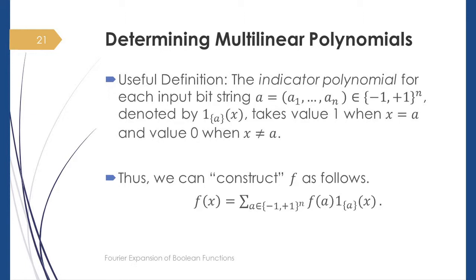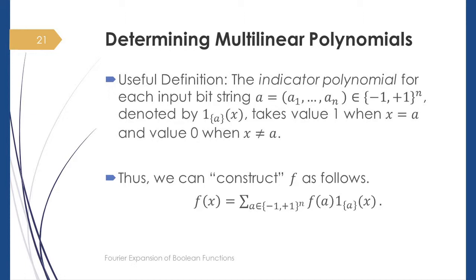Then the indicator polynomial, which is syntactically written, and this is directly from the book I referred to earlier, by the number 1 with a subscript a, which is our n bit input that we have picked, and some possible input string to the Boolean function x. So, x is a variable string, can take on any value from the 2 to the n values, a is a fixed string.